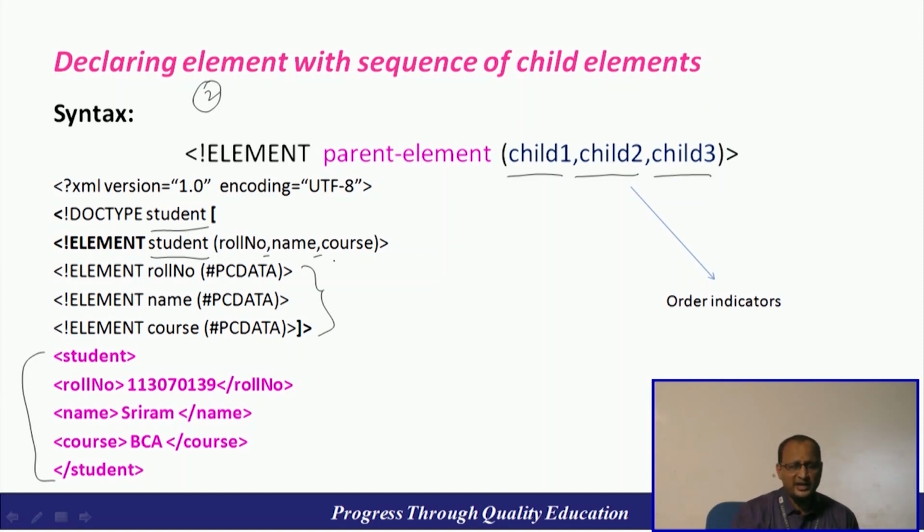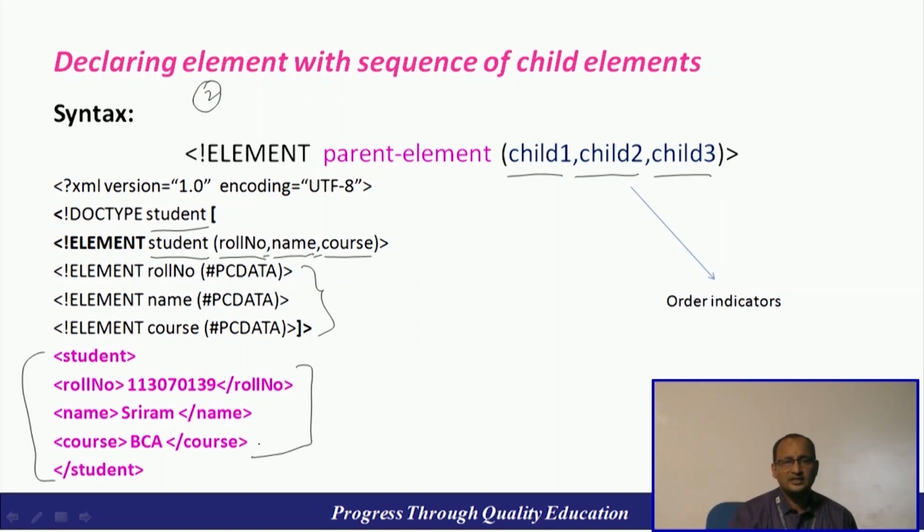Whether we should keep the definitions in order? No, it is not necessary. I have to specify roll number should be the first child, followed by name, followed by course. So, the same way it should be there in our XML document.